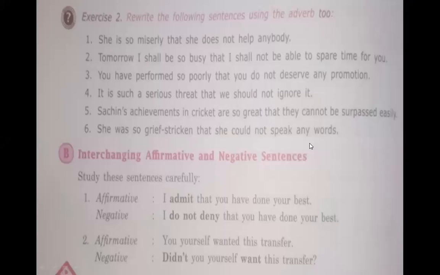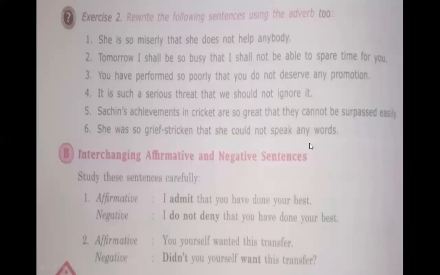And see the next sentence, that's also affirmative. You yourself wanted this transfer. Though it is put in the interrogative form, it's counted as negative itself. You yourself wanted this transfer. Didn't you yourself want this transfer?